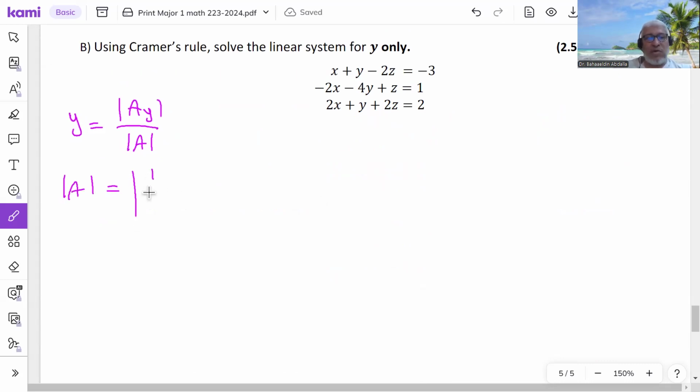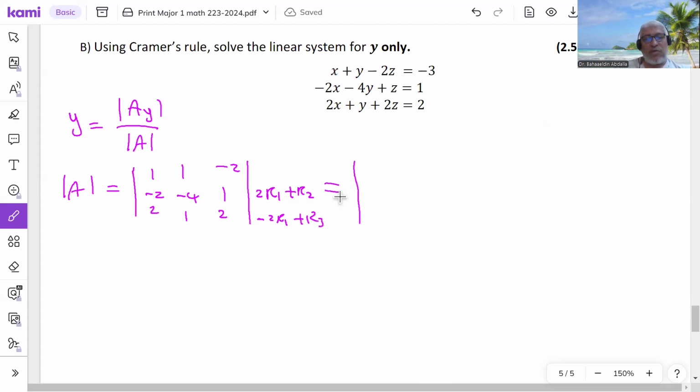So let us write the coefficients of x, the coefficients of y, and the coefficients of z. Let us find this determinant. I have 1 here and -2, 2, so I'll make these numbers 0. So I multiply row 1 by 2 and add it to row 2, and -2R1 plus R3.